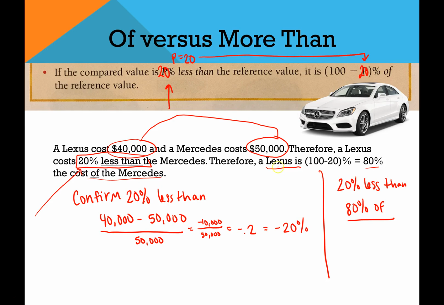And make sure you have the smaller thing here, because the Lexus being 80% of something would mean that it is smaller. If you had the Mercedes first, it would have to say something like the Mercedes is 120%, something over 100%.